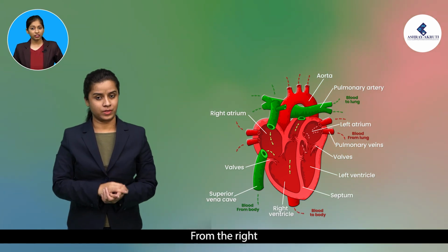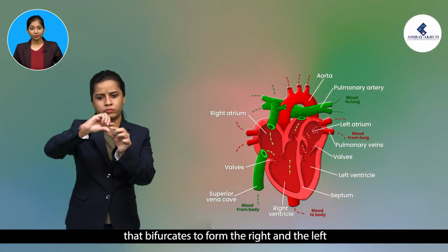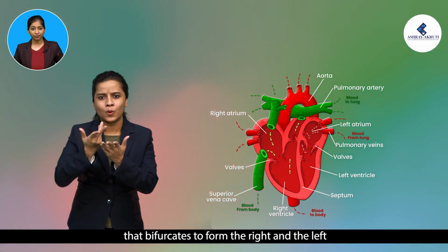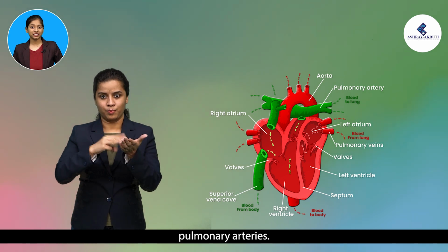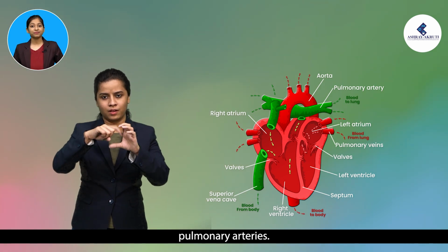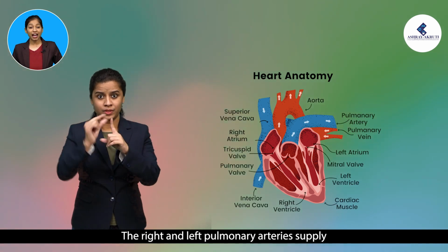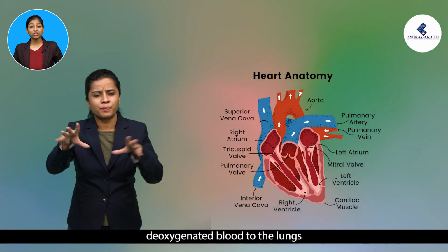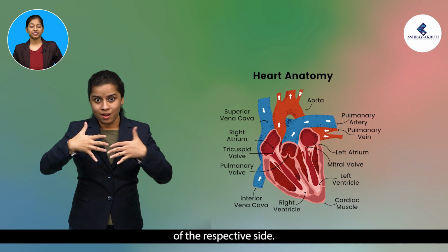From the right ventricle arises the pulmonary trunk that bifurcates to form the right and left pulmonary arteries. The right and left pulmonary arteries supply deoxygenated blood to the lungs of the respective side.